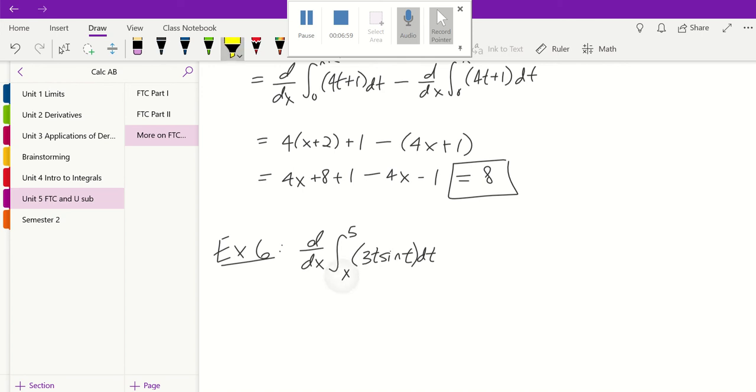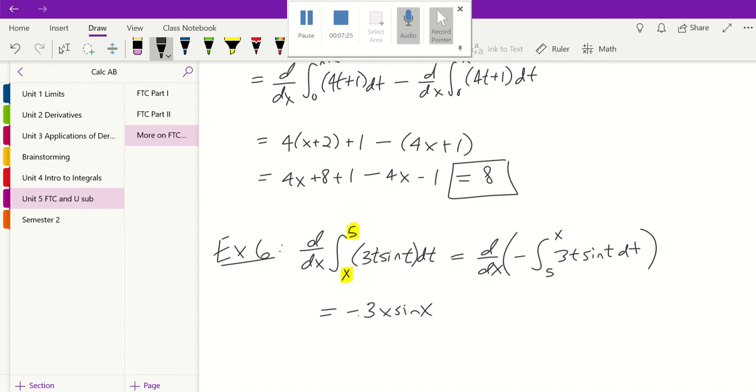This is starting at x and then going to a constant. So we need to find a way to rewrite it. The easiest way is to say, well, we know that we're allowed to flip the limits if we put a negative. So negative, integral from 5 to x of 3t sine t dt. And then it is as simple as plugging in x to the function. So minus 3x sine x.